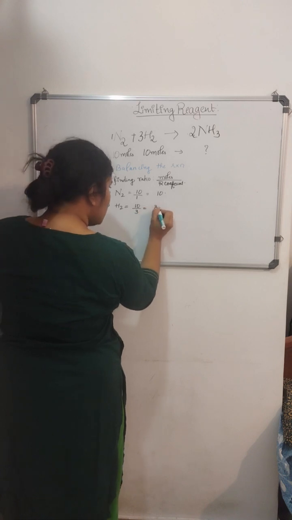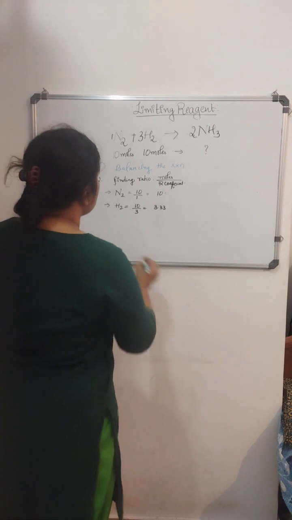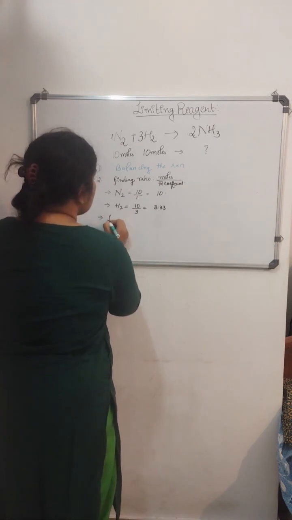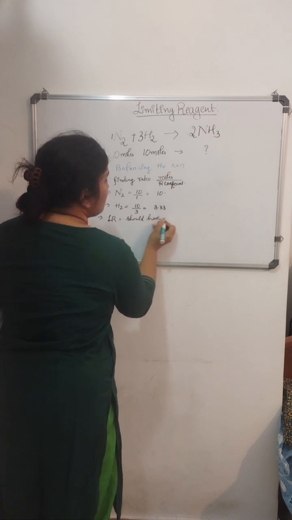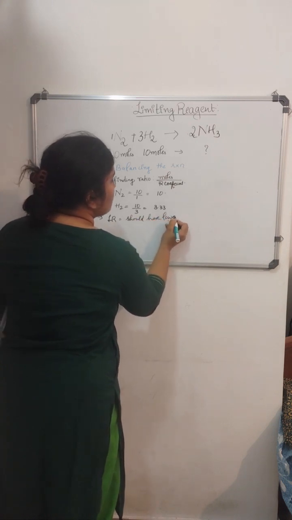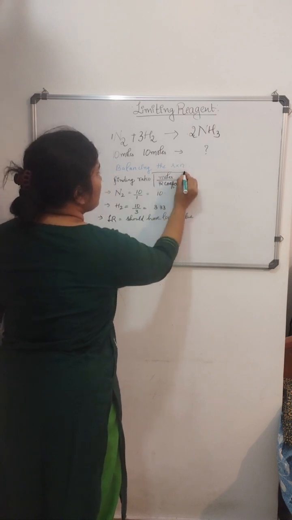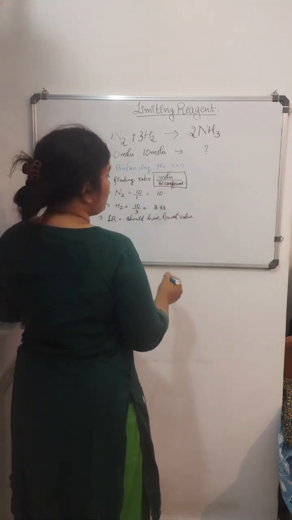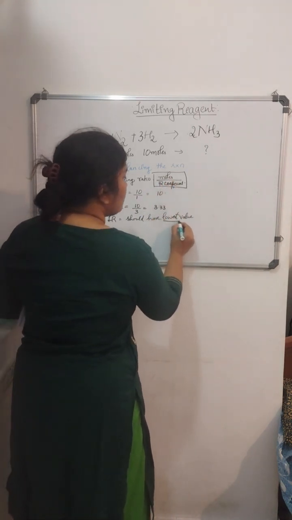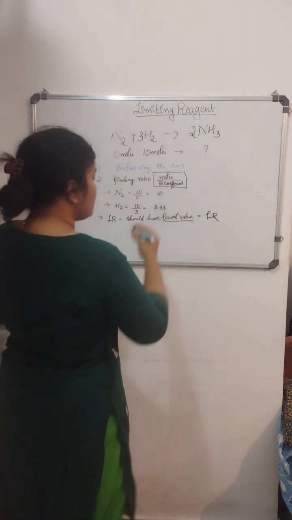So this is 3.33. Now, how do you decide which is the limiting reagent? The limiting reagent should have the lowest value when you find the ratio of moles by reaction coefficient. The one which has the lowest value becomes the LR, that is limiting reagent.